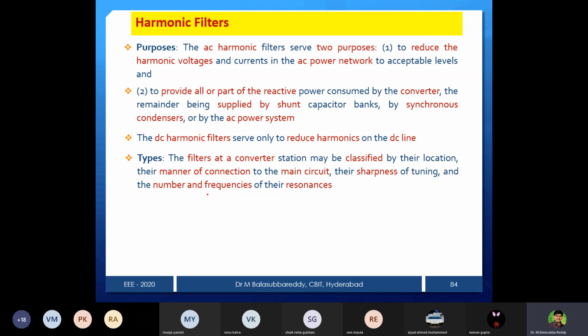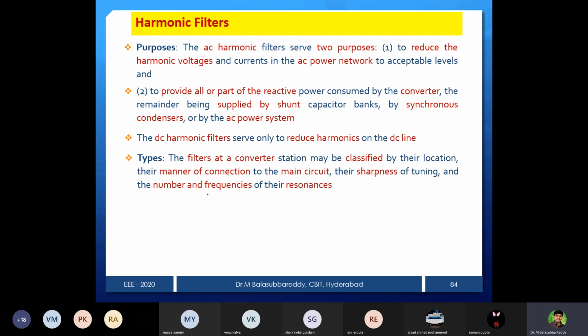And types. What are the types of filters? The filters at a converter station may be classified by their location and their manner of connection to the main circuit, their sharpness of tuning, and the number and frequencies of their resonances.